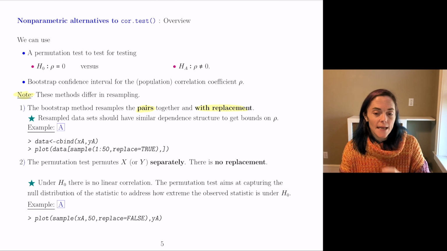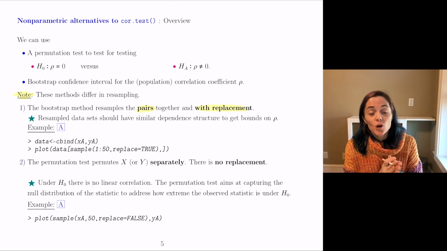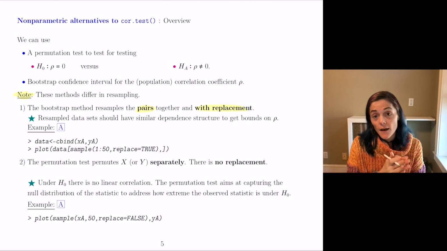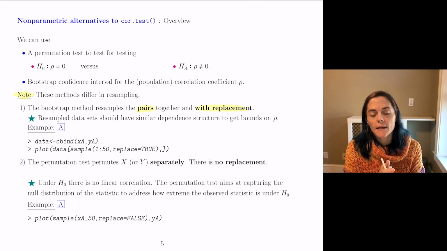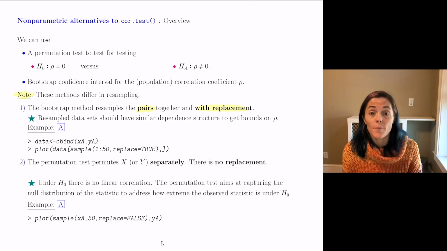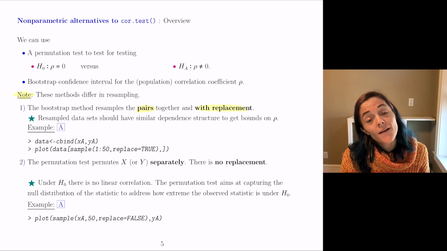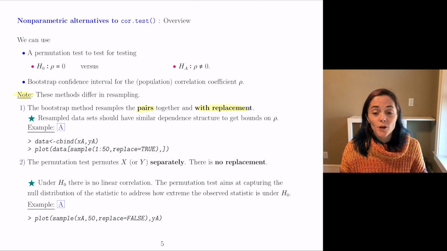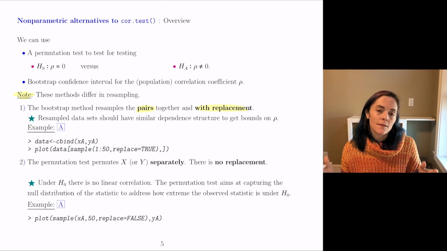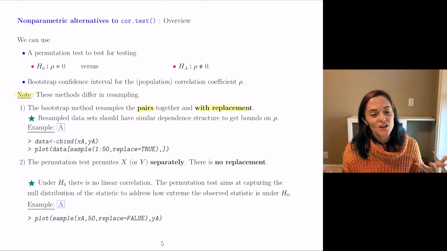So you could take the whole data set, or in this case, 50 of the very first observation, but you are resampling the pairs. The resampled data set should have similar dependent structure in order to get bounds on the rho. We're trying to create a confidence interval here.